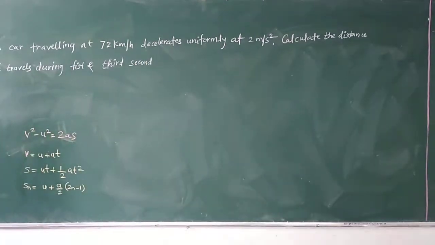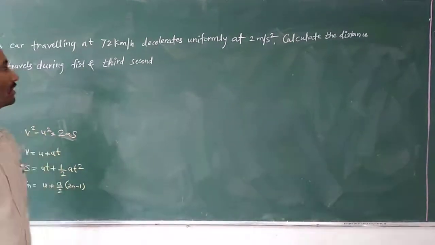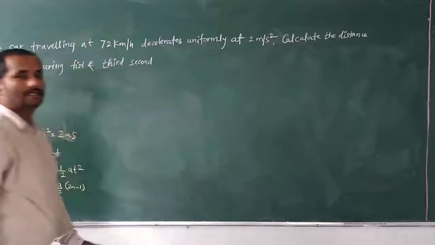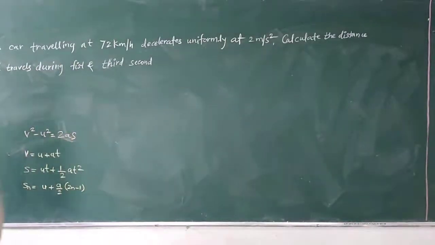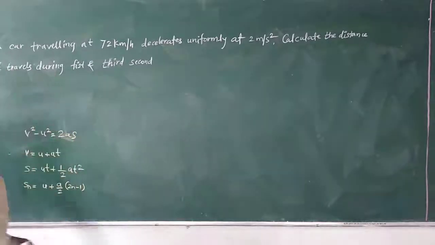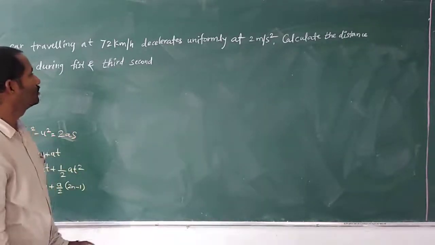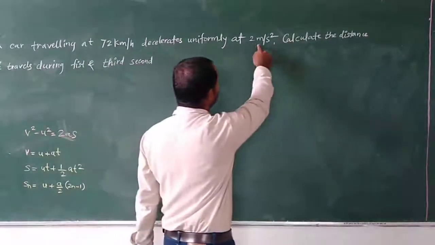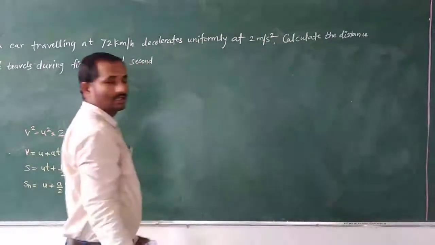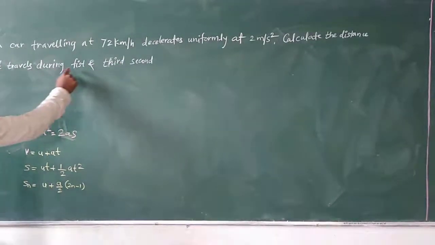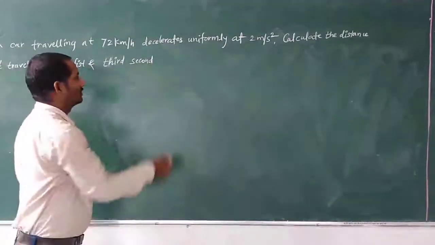This is important: decelerates means negative acceleration. So a car traveling at 72 kilometers per hour decelerates uniformly at 2 meter per second square. Then calculate the distance it travels during first and third second.